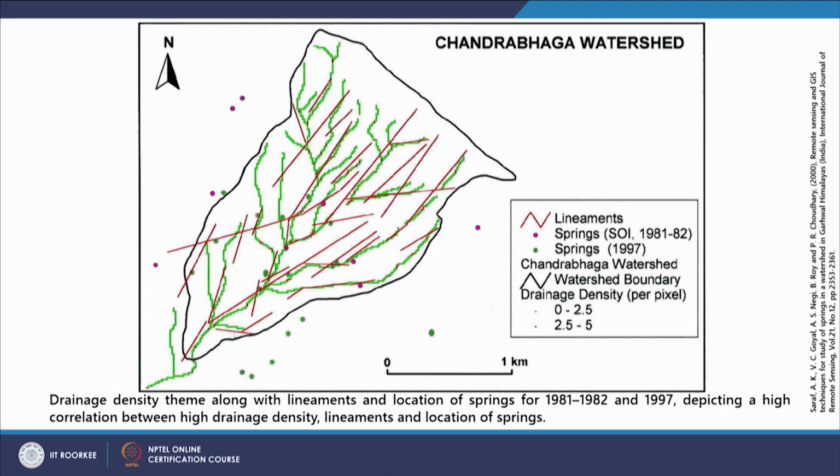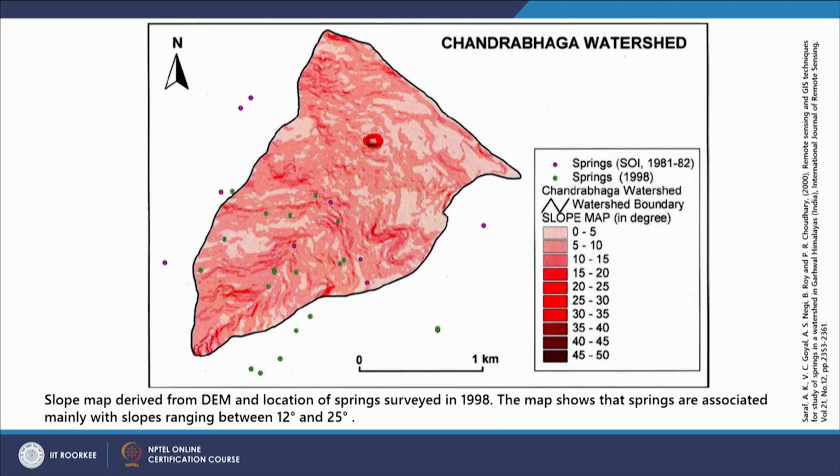And these are the springs which are shown here, and how they were controlled by different lineaments or geological structures, and again two different years dates are there. And these are the springs in terms of what kind of control the slopes had on the springs, that is also shown here.